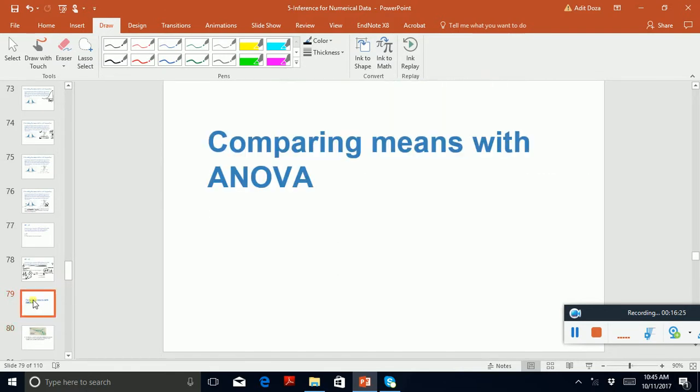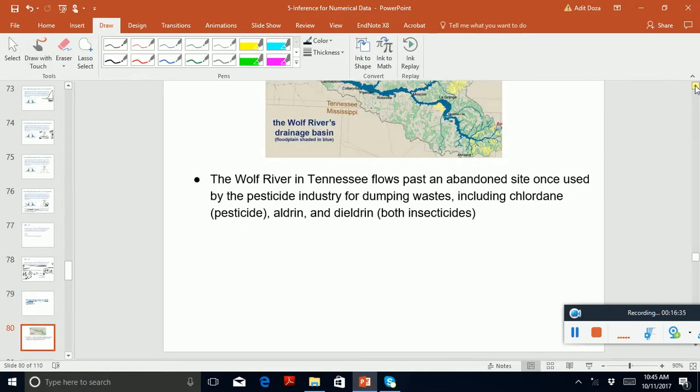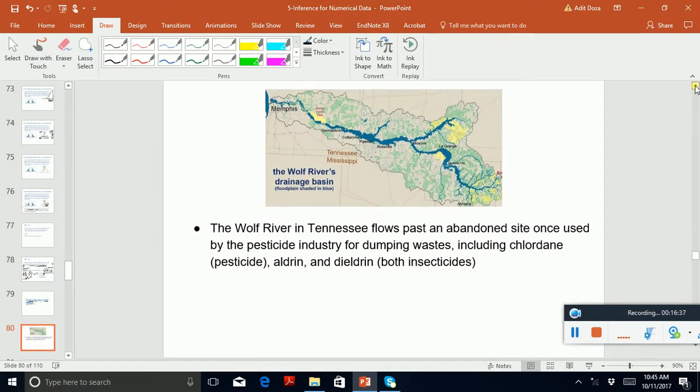So now we will look at comparing the means with ANOVA. Okay. If you see, this is the Wolf River in Tennessee, and it flows past an abandoned site once used by the pesticide industry for dumping waste.